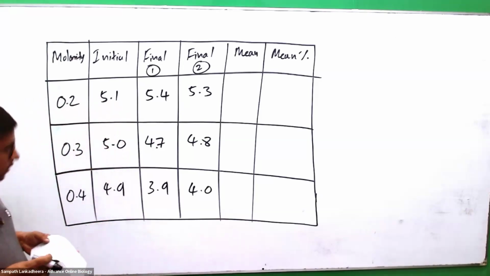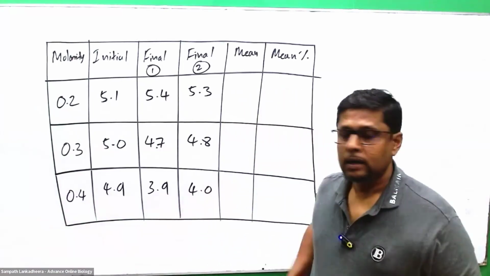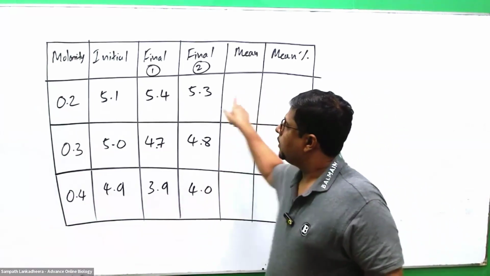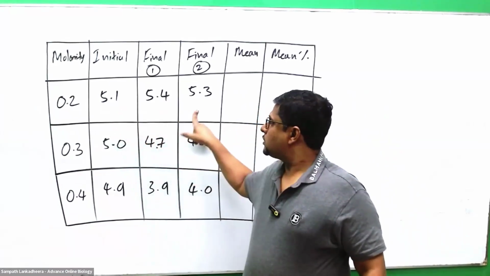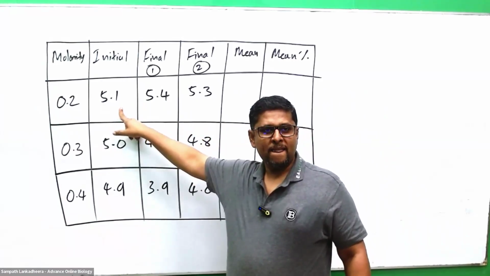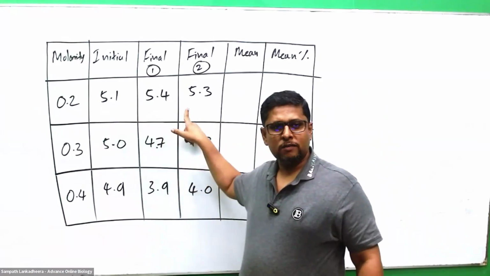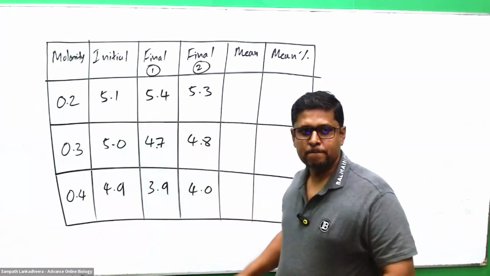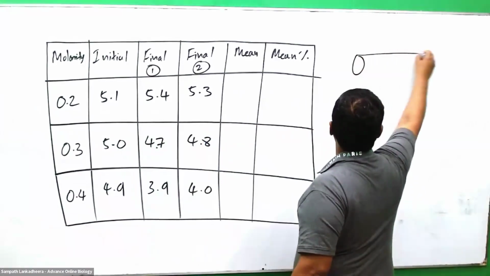So you have to find the mean now. You know the initial length. Both strips have an initial length of 5.1. The first one's final length is 5.4, the second one is 5.3. Let me take this one.